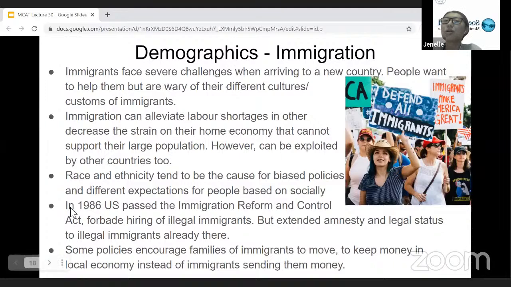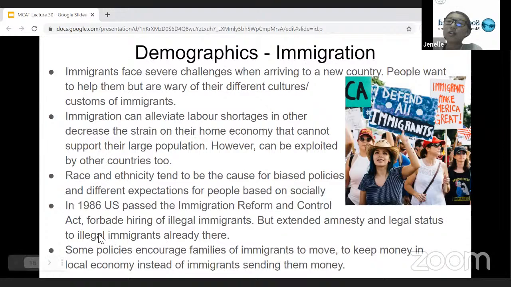One example here is in 1986 when the US passed the Immigration Reform and Control Act, which forbade hiring of illegal immigrants. But they extended amnesty and legal status to illegal immigrants that were already in the US at that time.